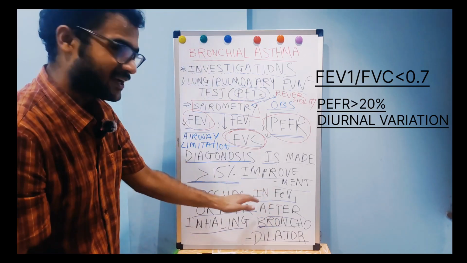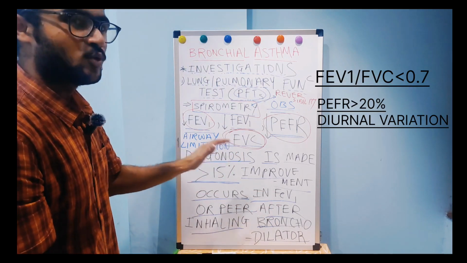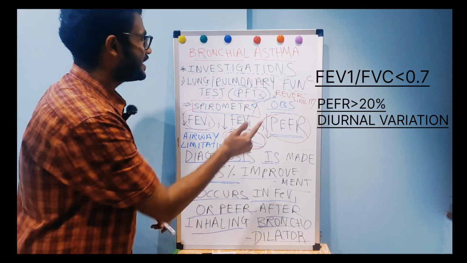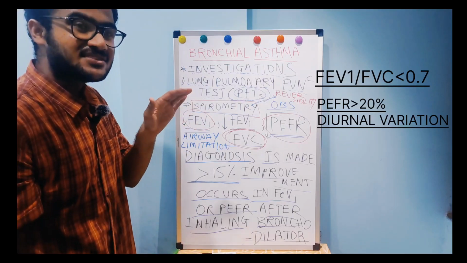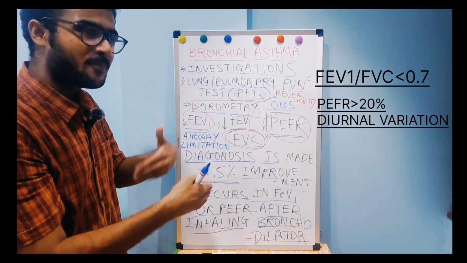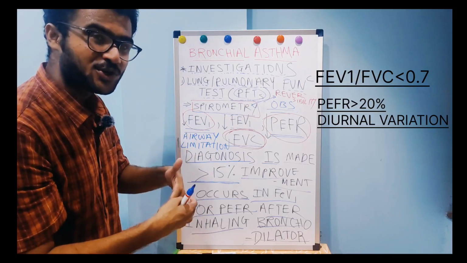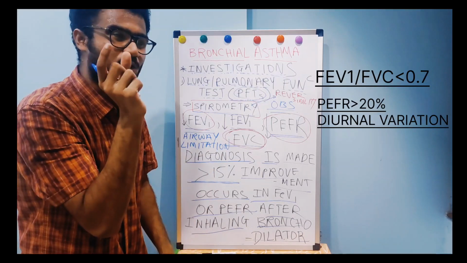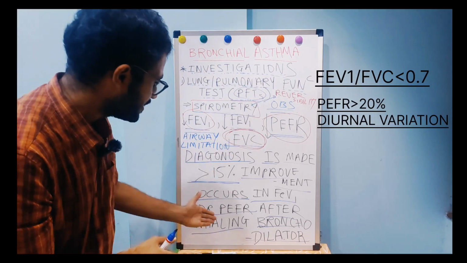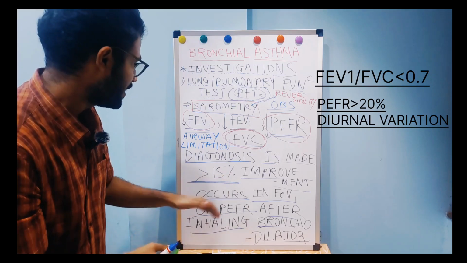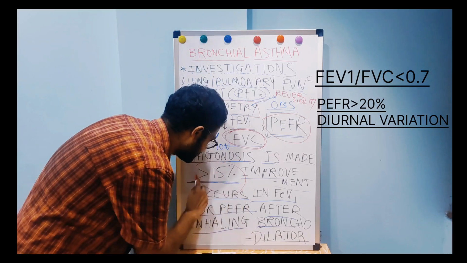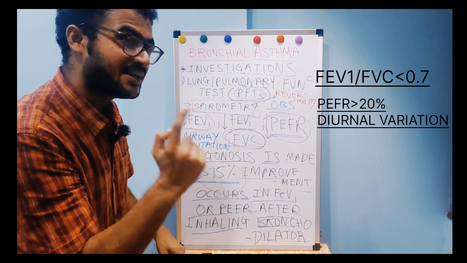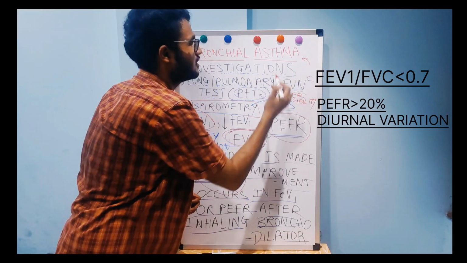After inhaling a bronchodilator, there is more than 15% improvement in FEV1 or PEFR. That indicates bronchial asthma, that indicates reversibility. तो ग्राफ होता है वो नॉर्मल होने लगता है. The graph which is obstructive becomes normal. In expiration the graph shows concavity, there is obstruction, and it becomes reversible after we give a bronchodilator. After we give an inhalational bronchodilator, there is greater than 15% improvement in FEV1 or PEFR. That indicates reversibility and that indicates bronchial asthma.